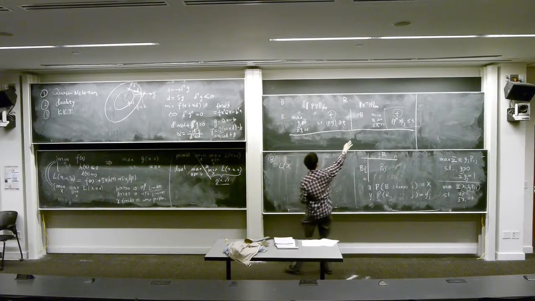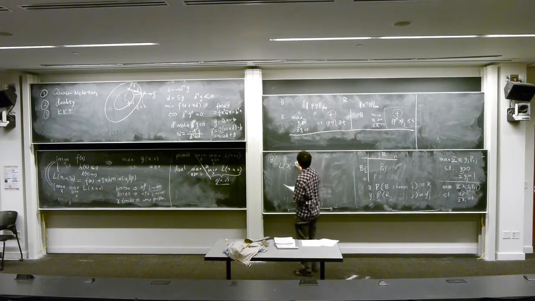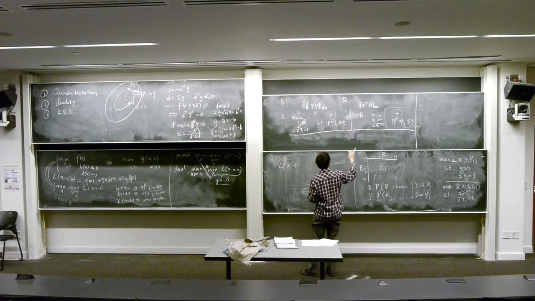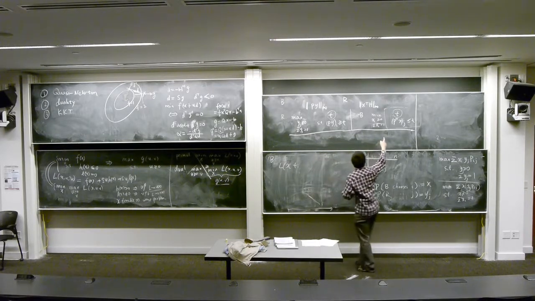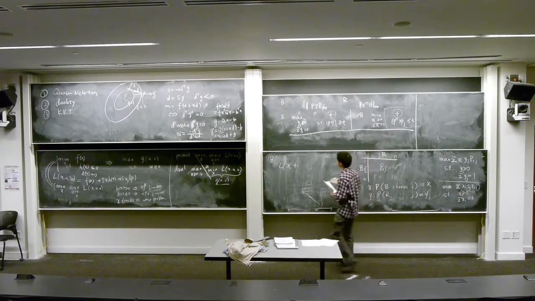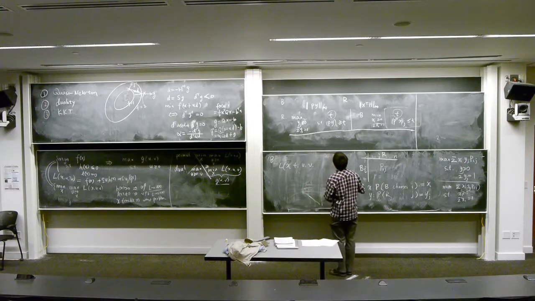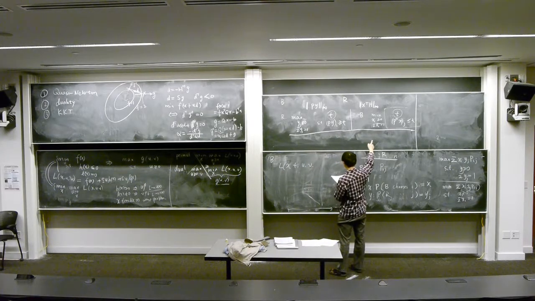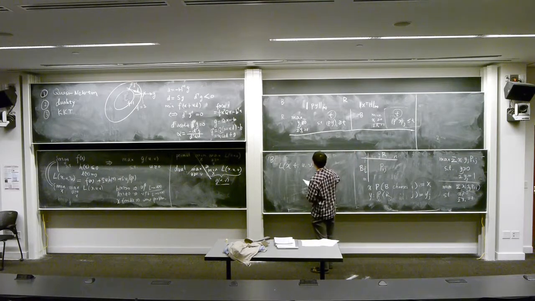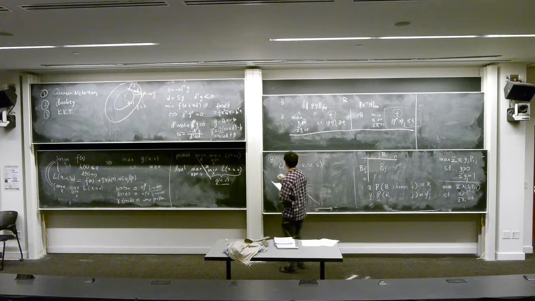This is my variable, and I also have a variable t. My constraints are 1, 2, 3. I have two inequality constraints. Let me write them as u, v, and my equality constraint, let me write as maybe s. Let's see what happens.